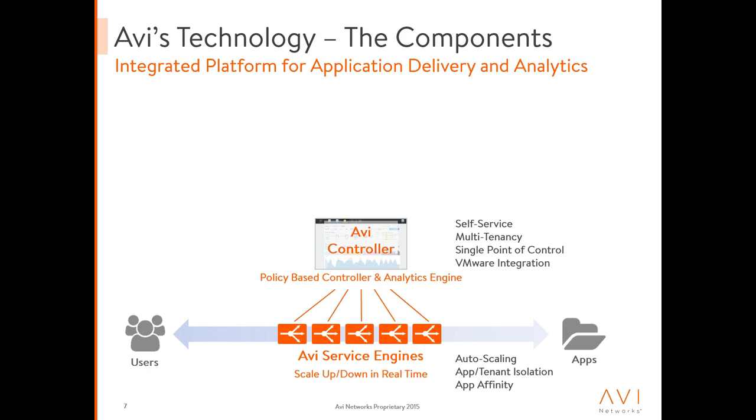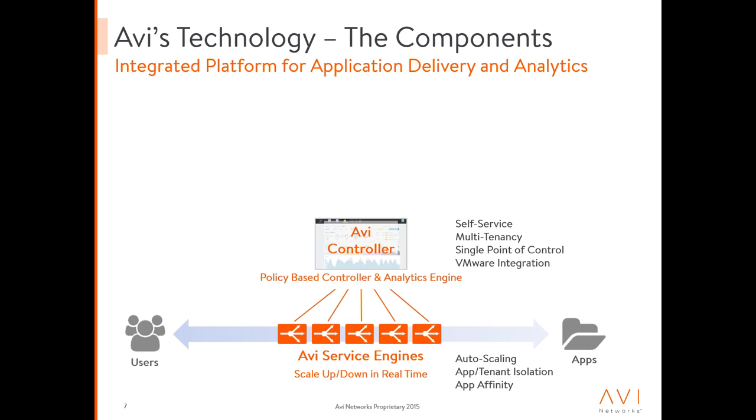These small service engines can be created on demand to meet the needs of individual applications in your environment. This architecture should remind you of other software-defined networking architectures that people are deploying today for network virtualization and other functions at the connectivity level. Avi has now taken the same very, very strong concept, very strong architecture, and applied it to layer 4 to layer 7.